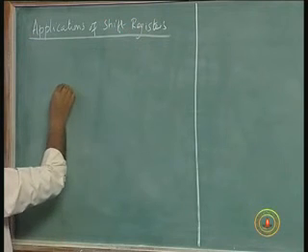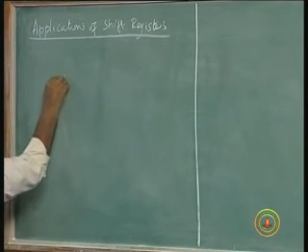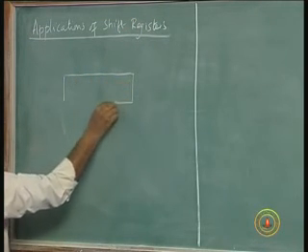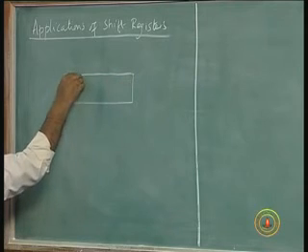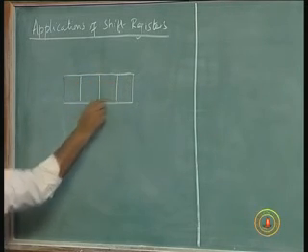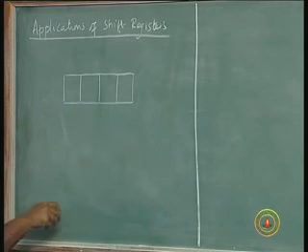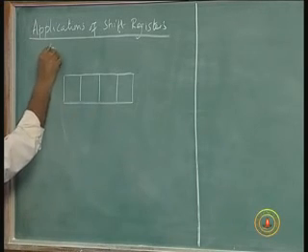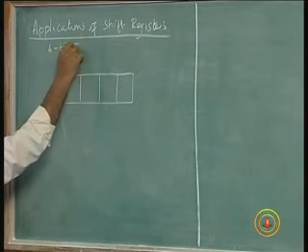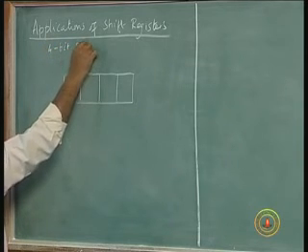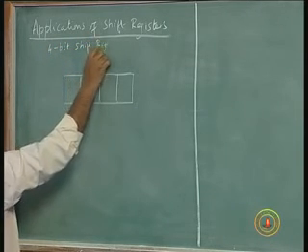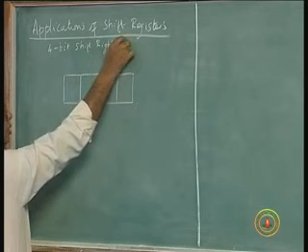So let us, for example, take a 4-bit shift right shift register.